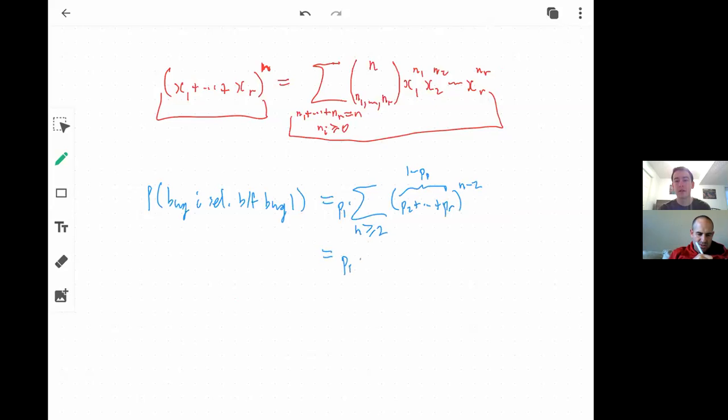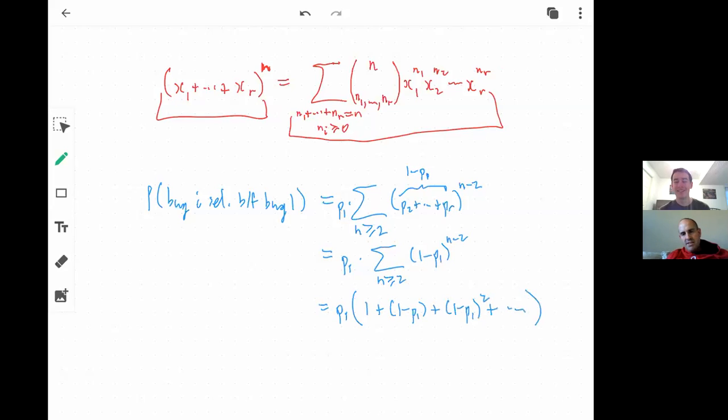p1 times the sum over n greater than or equal to 2 of (1 minus p1) to the n minus 2. Hey, what's that? Looks like the geometric series. In fact, it starts with 1, right? It's like 1 plus (1 minus p1) plus... I am nervous about something here, but I think it might be tweakable later on.